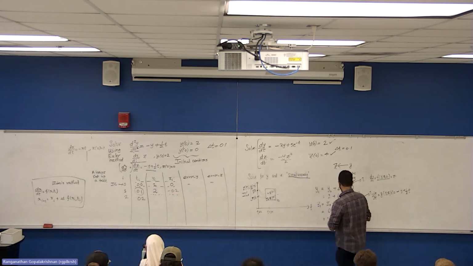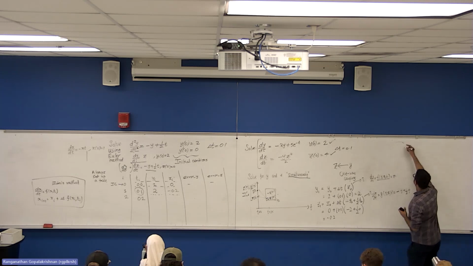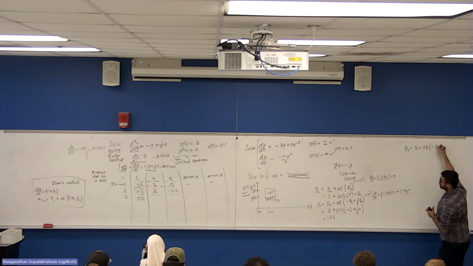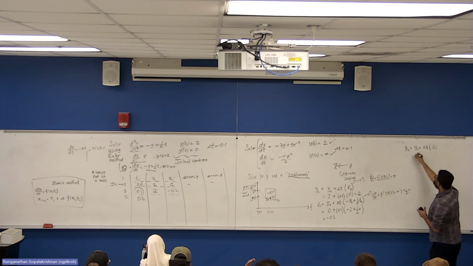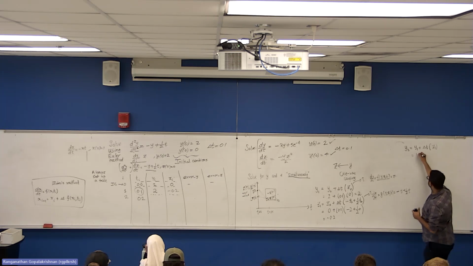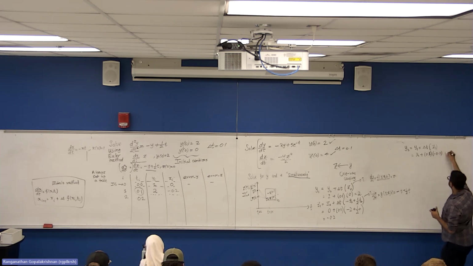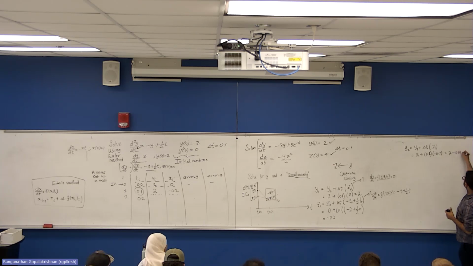So now I'm going to write y2 is y1 plus delta t times z1, which is y1 is 2 plus 0.1 times z1 is minus 0.2. So I get 2 minus 0.02, or 1.98.